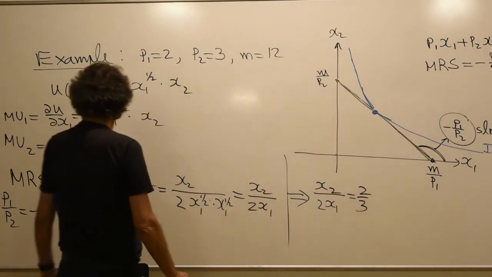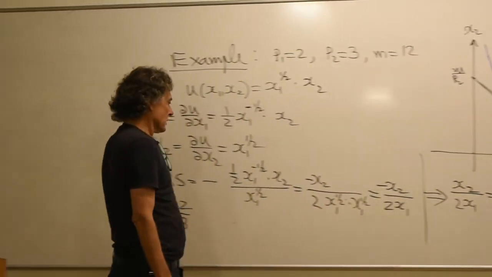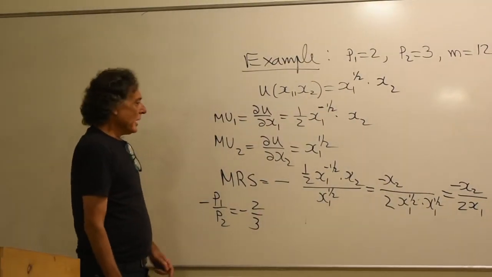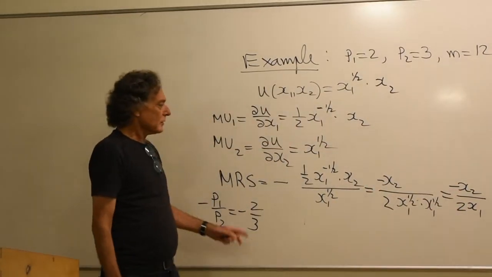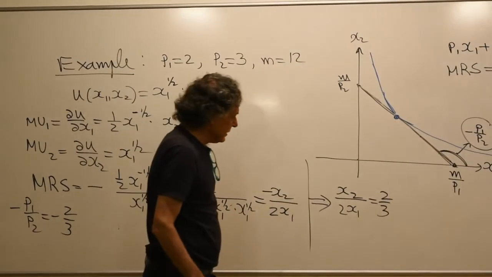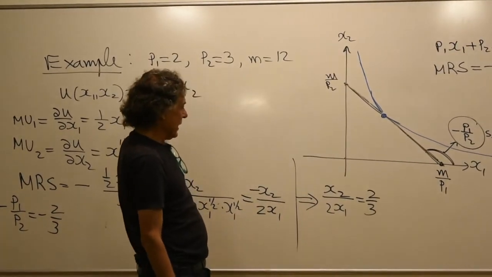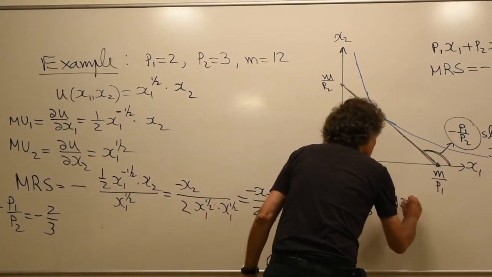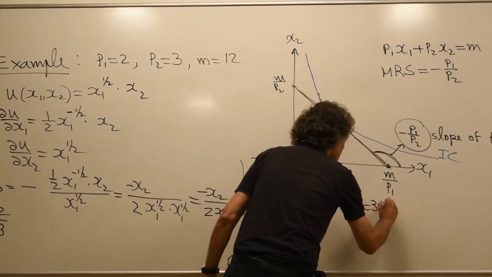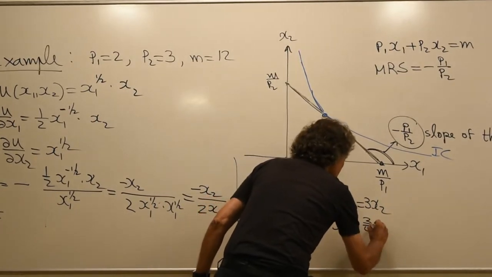I forgot the minus here, because I have minus here. So actually, minus x2 over 2x1 equals minus 2/3. So forget about the minuses, you get this. So I get 4x1 equals 3x2. So x1 I know is 3/4 of x2.